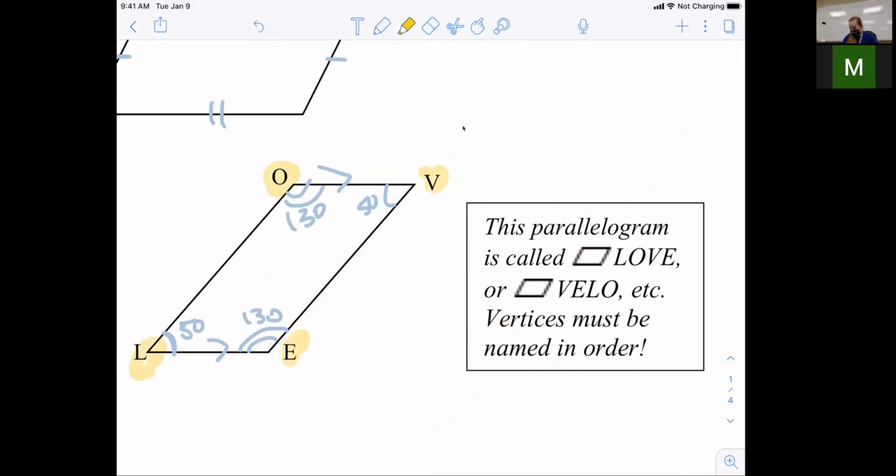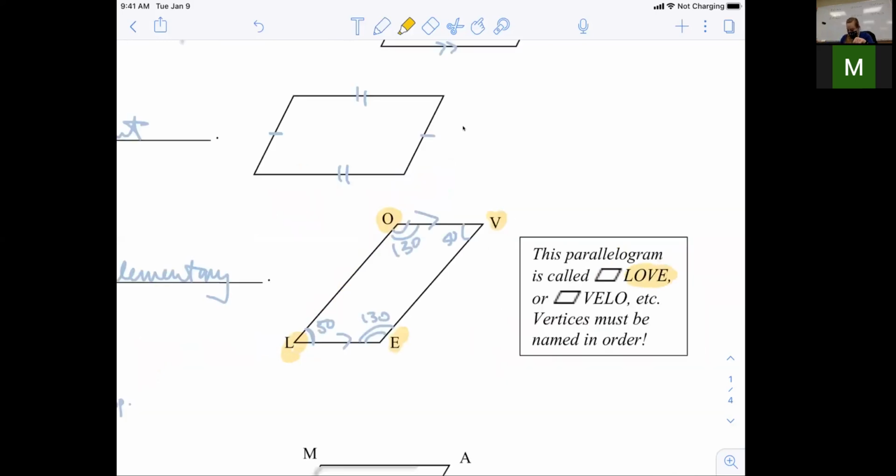If I write a parallelogram like this, I don't care where it starts, but you are still going to go all the way around. You don't get to cut through the shape to name your vertices. Pick a vertex, go either direction, but go all the way around, and then you're done. So I need you to name them in an order, which means either you're going around this way or you can go counterclockwise. It does not matter to me.